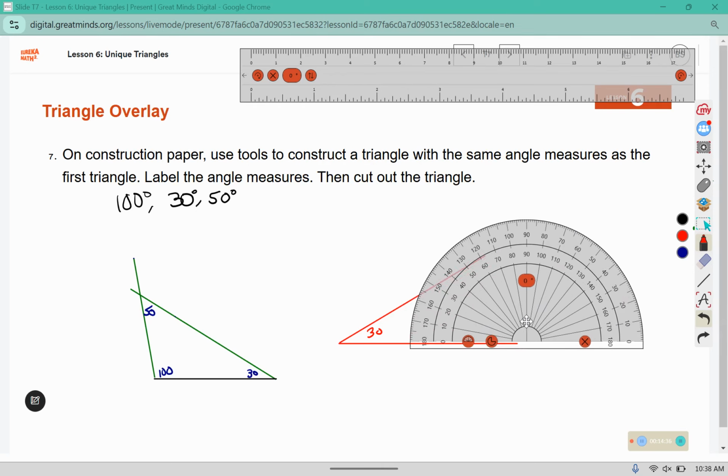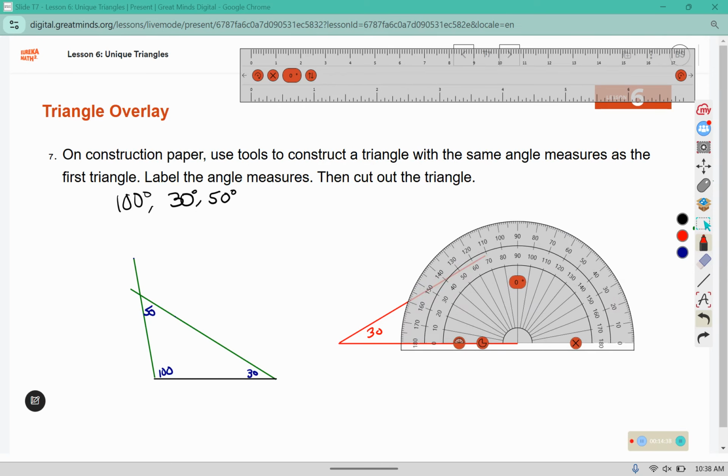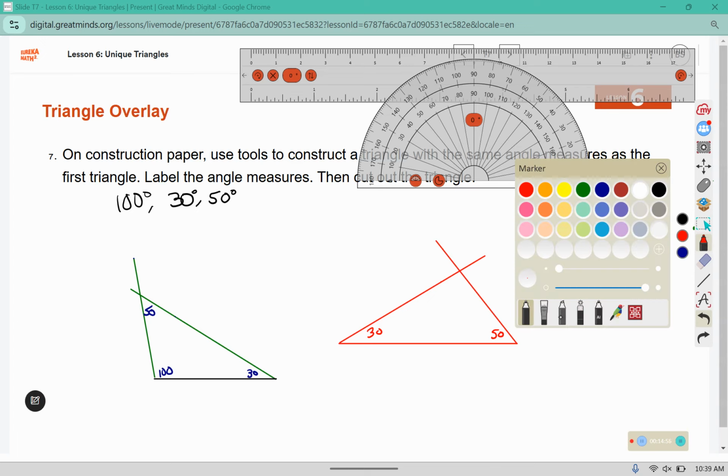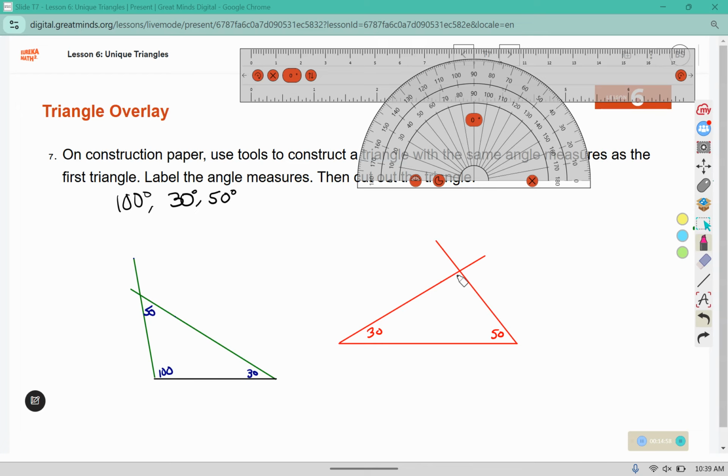And we'll put 50 over here. And connect these using a straight edge. Now that we have both, we're going to trace. I'm going to trace using a highlighter so that way we can see the underneath piece. Actually, let's just move the whole triangle.